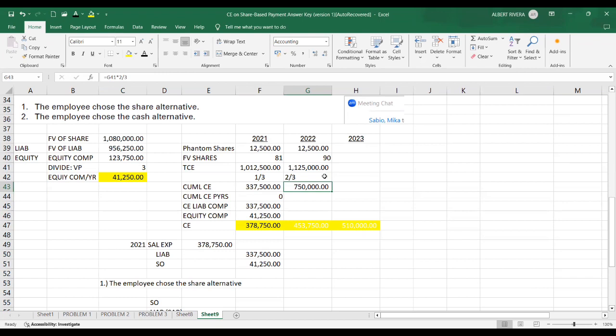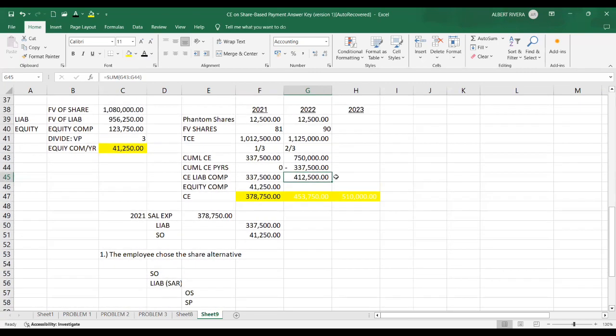And the cumulative amount of compensation expense in prior years is what? 337,500. This is now again the liability component equal to 412,500. And the equity component remains at 41,250. So this is now your total compensation expense per year.